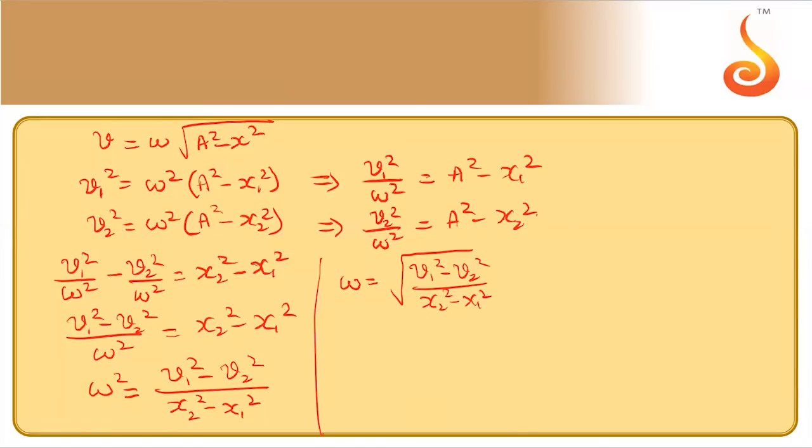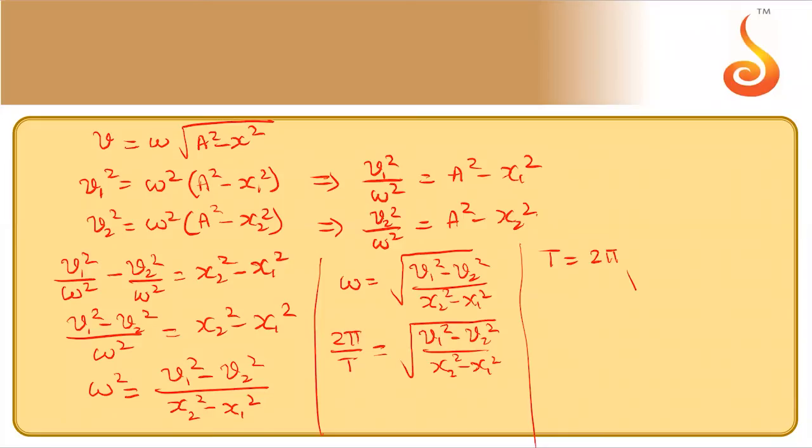So omega is 2 pi by T, that is root of v1 square minus v2 square divided by x2 square minus x1 square. So T equals 2 pi into root of x2 square minus x1 square divided by v1 square minus v2 square. So that is option E. Note this down.